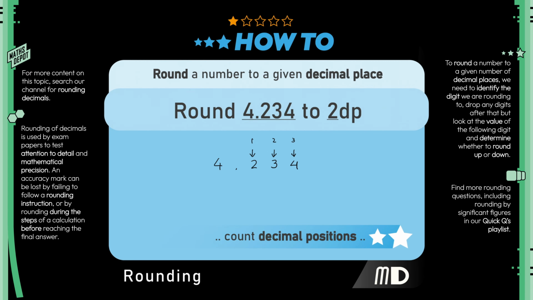The question tells us to round 4.234 to 2 decimal places. That means we need to keep every digit up to and including the second digit after the decimal point, which is the 3 digit, and remove any digits after that. But we still have one more step to complete before we've correctly rounded this decimal.